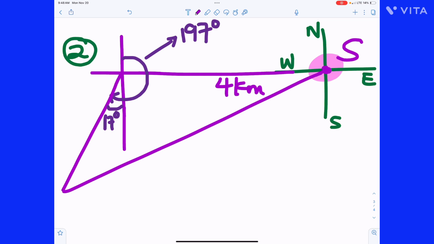Southwest of the starting point means that on getting to this final destination, let me draw that better. On getting to this final destination, he is now exactly southwest of the starting point.